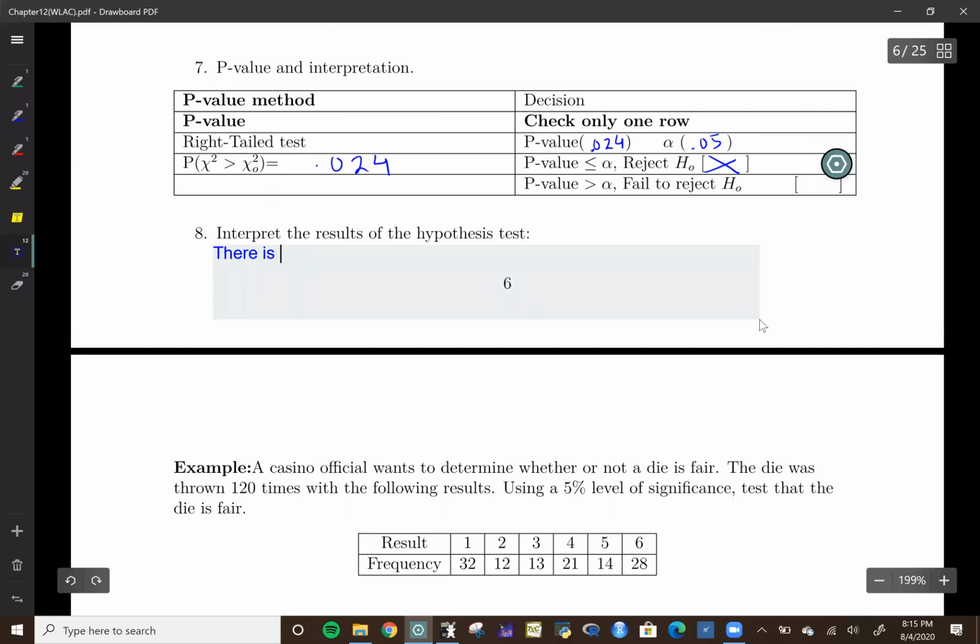There is enough evidence to say that the distribution does not follow the distribution that... where's the N.